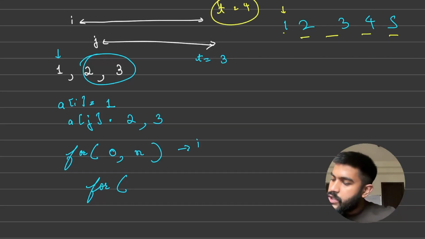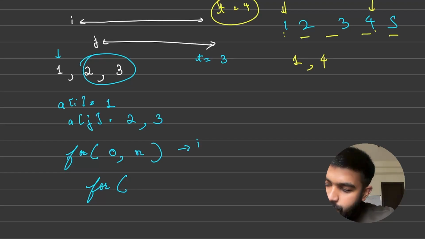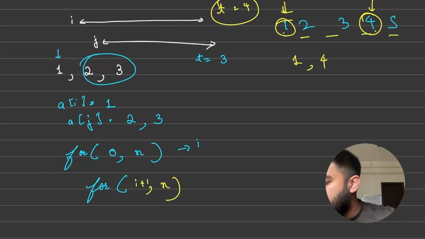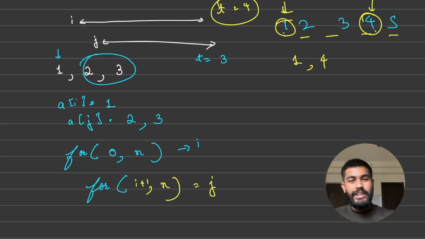If I stand at 1, I would find 3. But if I stand at 3 and start from the beginning, not after 3, then I would count 1 and 3 again. That is why I would have the J loop from I plus 1 till the value of n, and that would be the value for J.